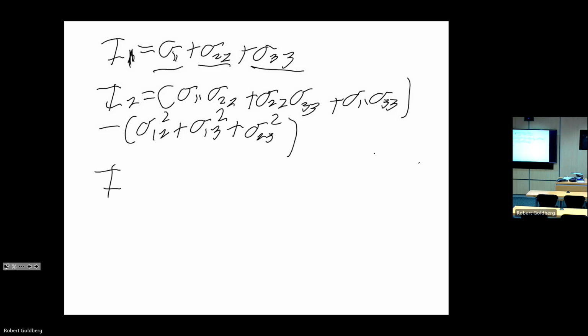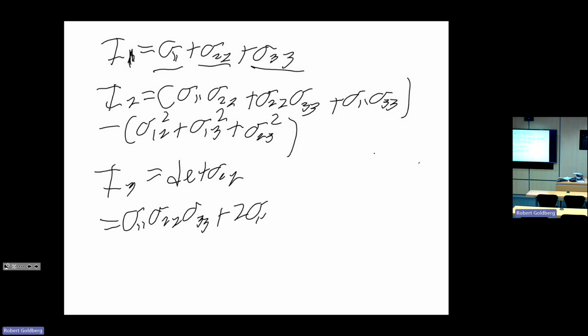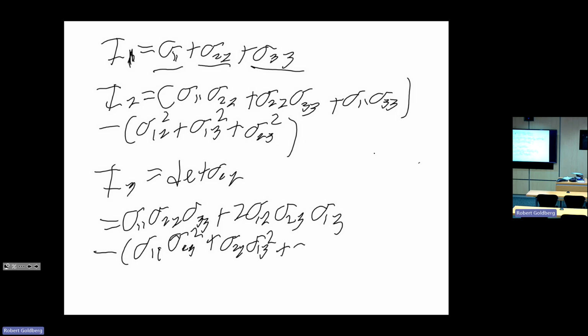And finally, I3 is equal to the determinant of the stress tensor, which is equal to sigma 11 sigma 22 sigma 33 plus 2 times sigma 12 sigma 23 sigma 13, minus sigma 11 sigma 23 squared plus sigma 22 sigma 13 squared plus sigma 33 sigma 12 squared.